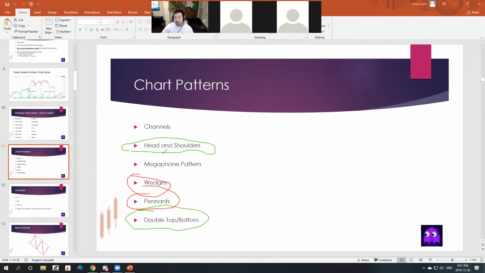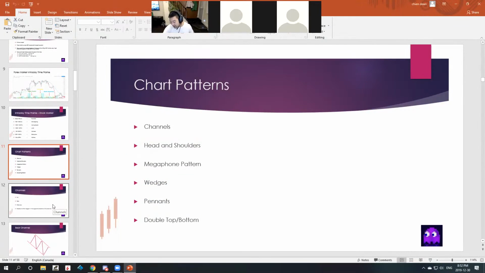Megaphones, I wouldn't really call breakout patterns, and channels, I wouldn't really call breakout patterns as well. Okay. So yeah. But that should be about all the major distinct patterns. So we'll go over this, and then we'll stop here.